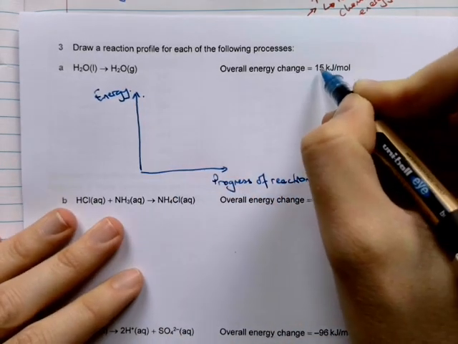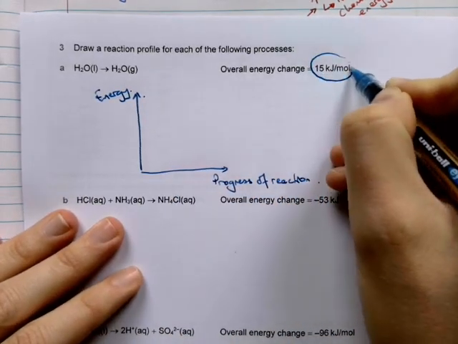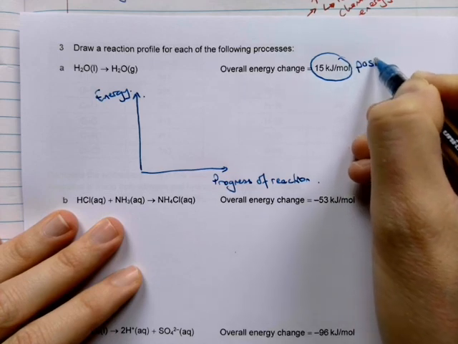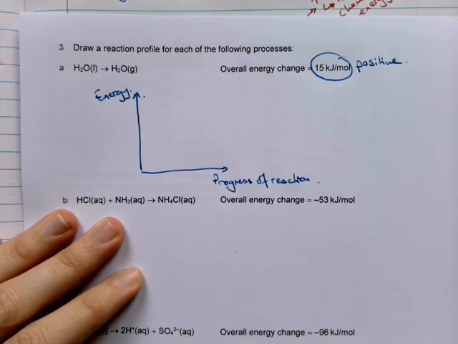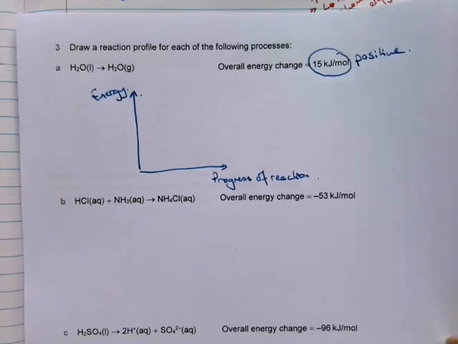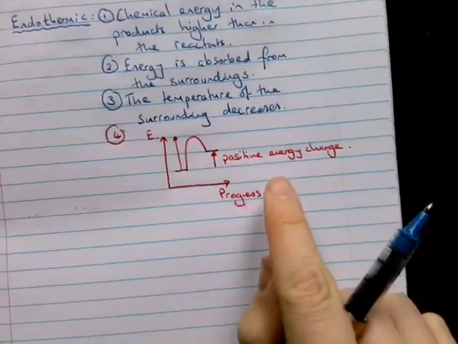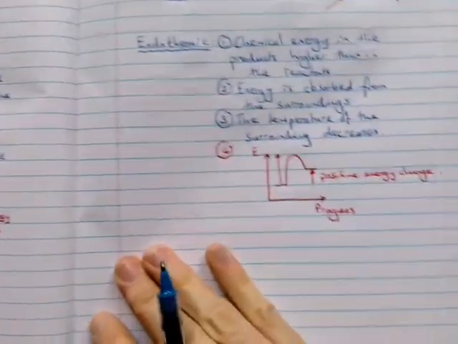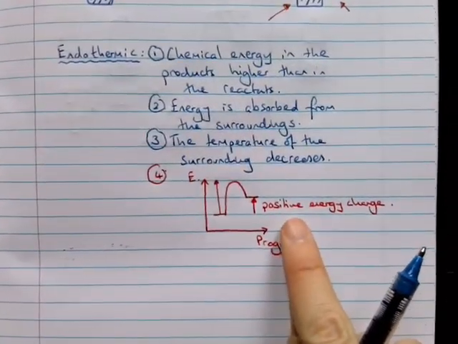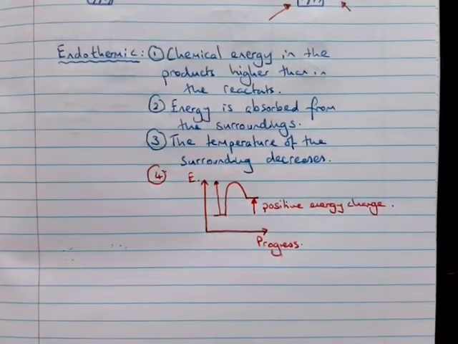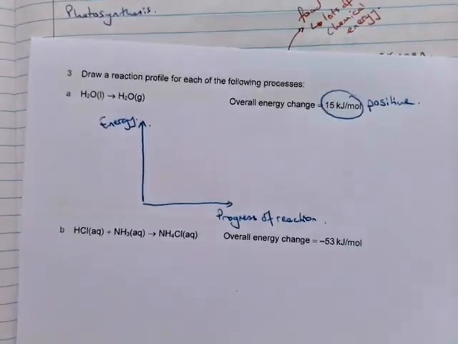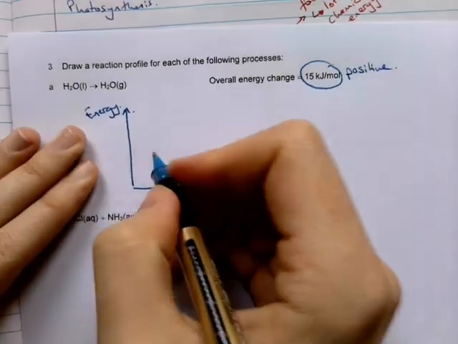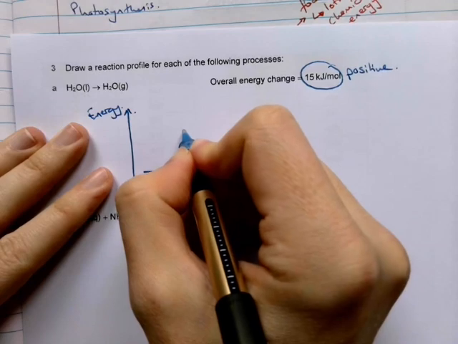Now, the overall energy change here is positive. So if it's a positive energy change, does that mean it's going to be this or this? Well, I've written here, positive energy change for my endothermic reaction, so I know that it's going to look like this.